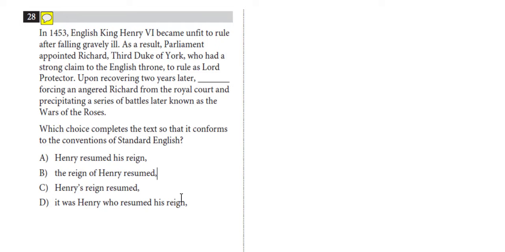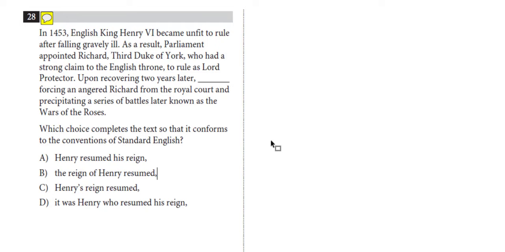So I can tell that this is a question we can classify as subject modifier placement. Subject modifier placement means that you must put the noun next to the introductory phrase that modifies it. I'm gonna answer the question and you're gonna understand what is meant by it. It is very important to put the subject next to the introductory phrase that modifies it.